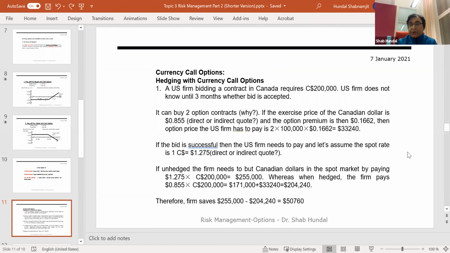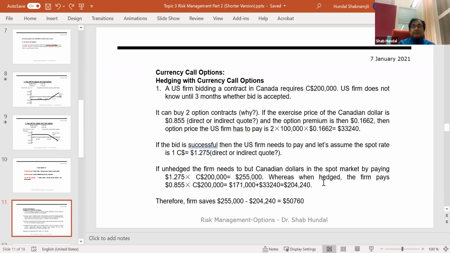That's the maximum loss which the US company can have in this whole situation. If the bid is successful, the Canadian company writes you a letter and says, I'm happy to announce that you are the buyer of this Canadian factory. Okay, please pay us 200,000 Canadian dollars and own the company.